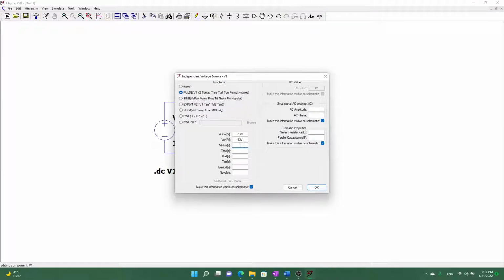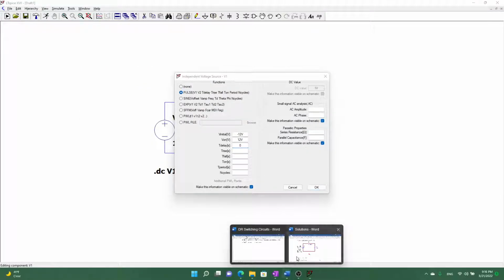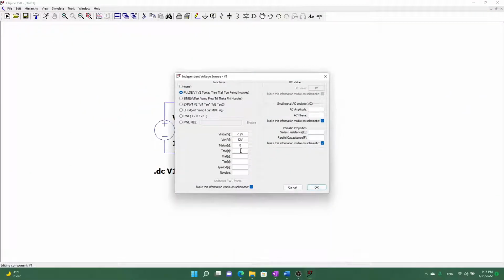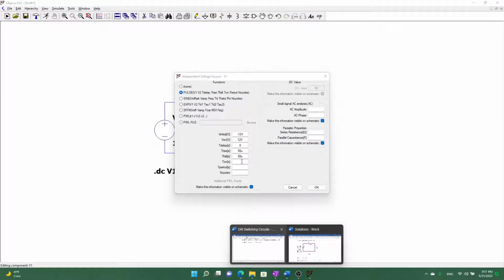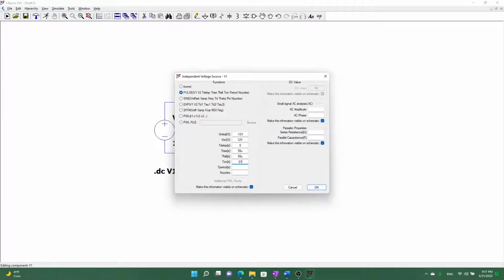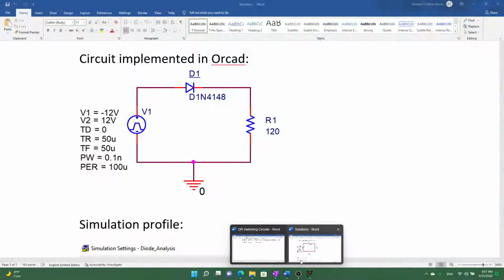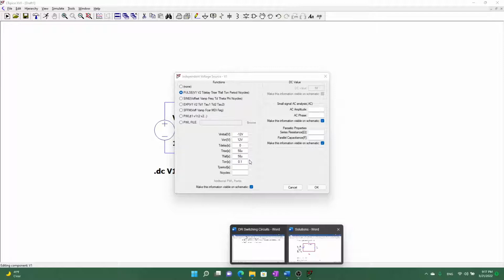No time delay. And let's have a rise time and fall time of 50 micro. They should be equal because otherwise we're not going to get a triangular wave. A pulse width of 0.1 nano.